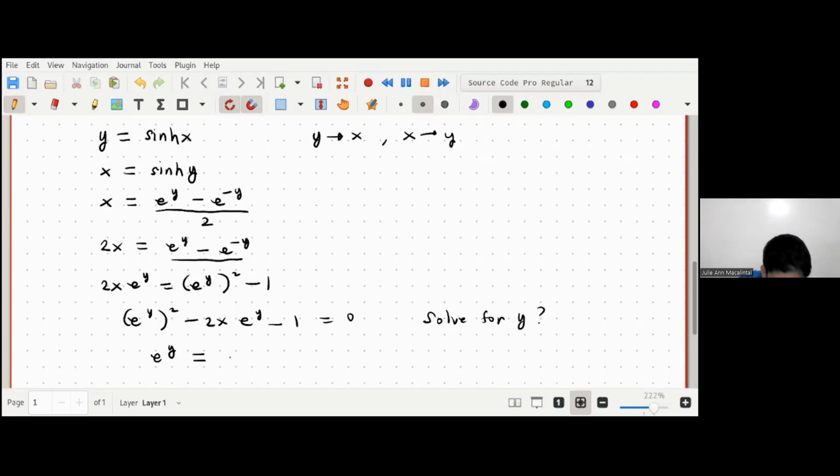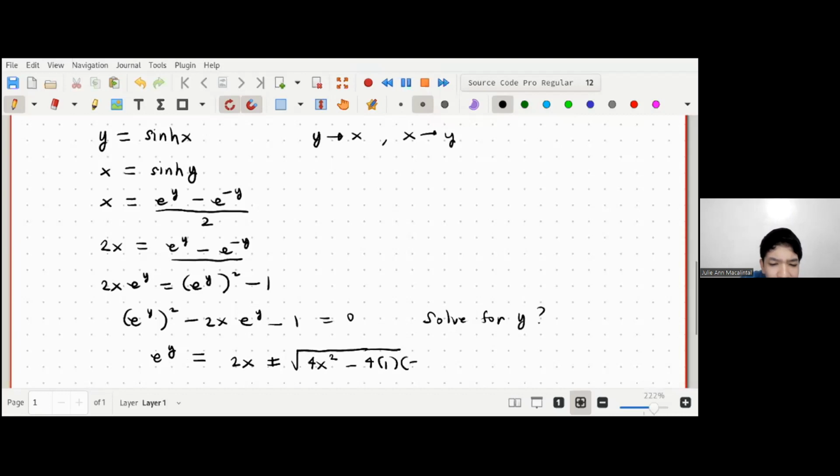Diretso na. Negative b, ano ba? Negative. So, 2x plus minus square root of b squared, b squared minus 4ac, di ba? Minus 4, 1, ano ba yun?